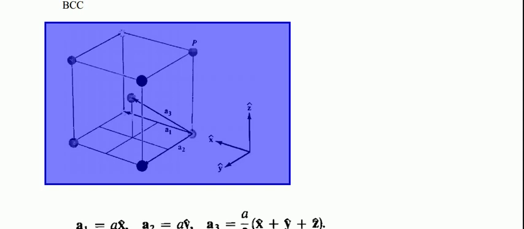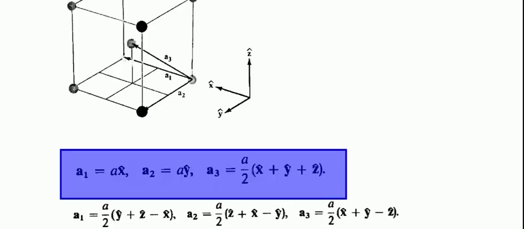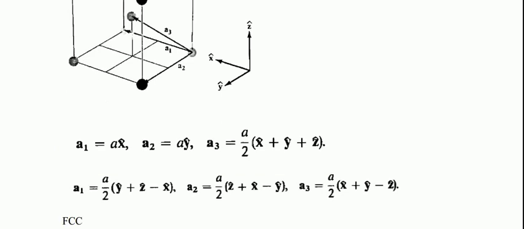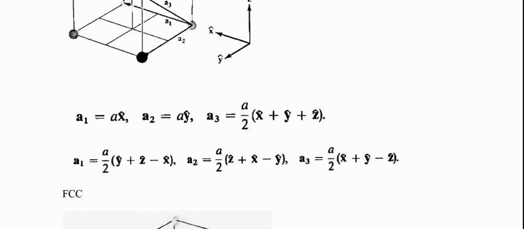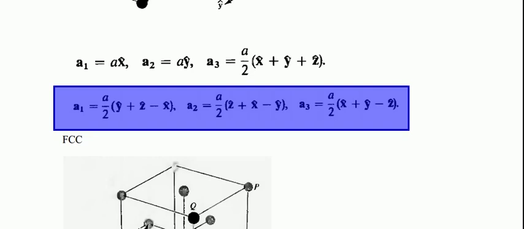I already discussed how a1 is a x, a2 is a y, and a3 is this. But you can make a slight change in origin that has not been shown in the diagram. Just assume it. You can make a slight change in origin, and your a1, a2, and a3 are going to look different. So depending on the origin and the direction of the lattice vectors, the components can be different.